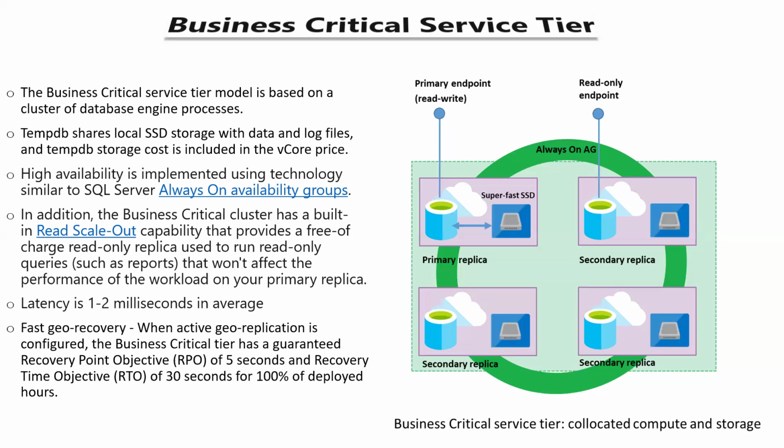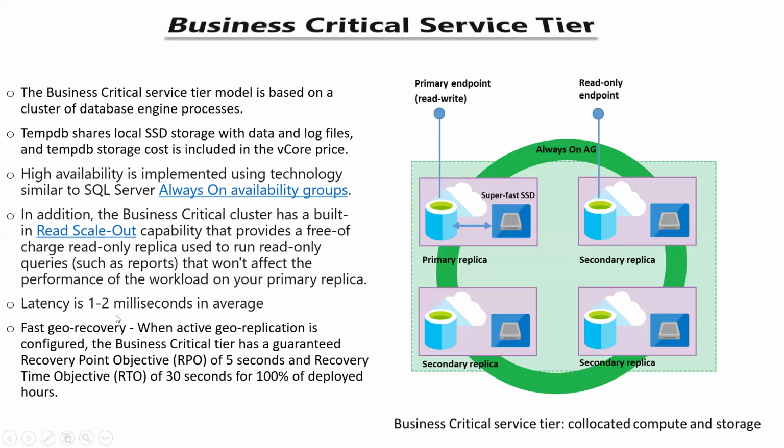Since it is using local storage, it is very fast. And high availability is implemented using technology similar to Always On availability groups. Compared to general purpose, it also has read scale out. That means secondary replicas. Here you can see one primary, three secondaries available.